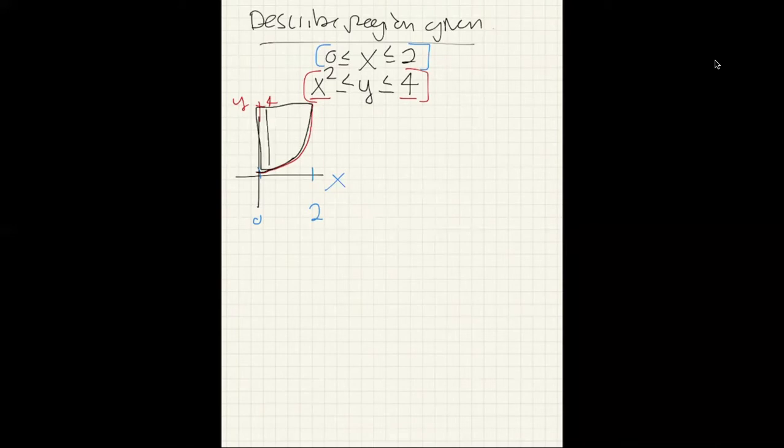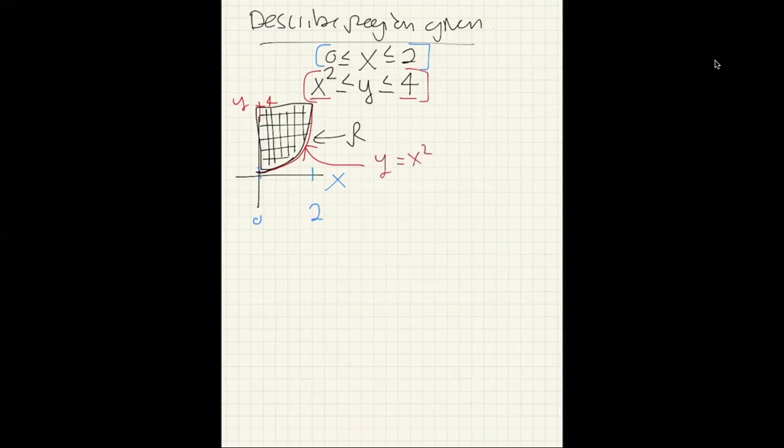That's the region we're integrating over, this is our R. And this curve right here is y equals x squared. That's the lower bound.